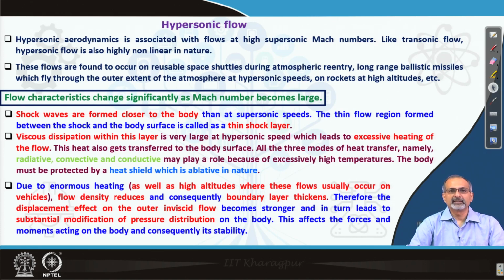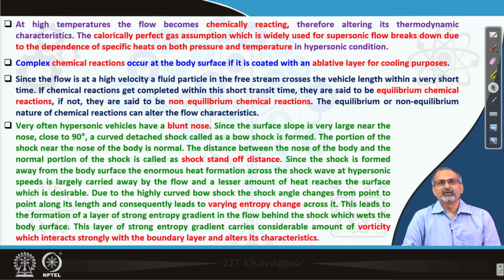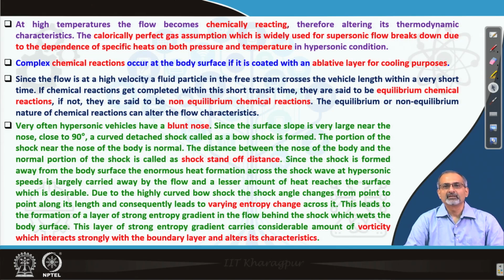Therefore, the displacement effect on the outer inviscid flow becomes stronger and in turn leads to substantial modification of pressure distribution on the body. This affects the forces and moments acting on the body, and it can have a significant influence on its stability. So, these are points to be taken note of. These are extremely important points which characterize this regime.